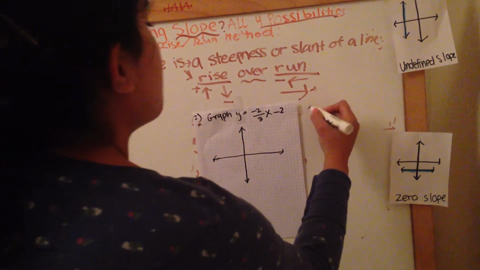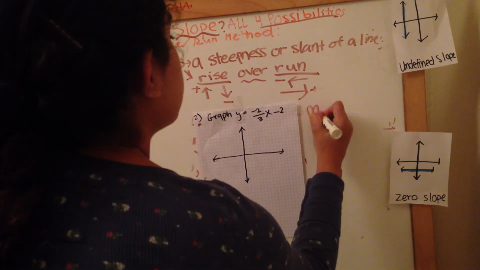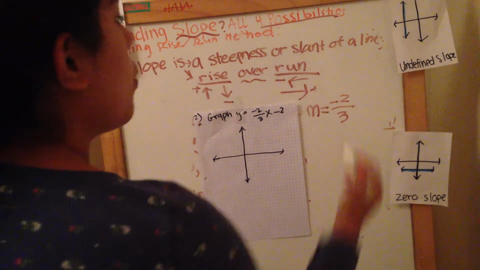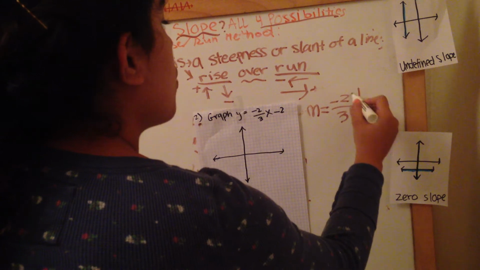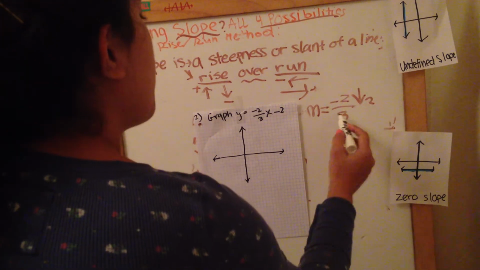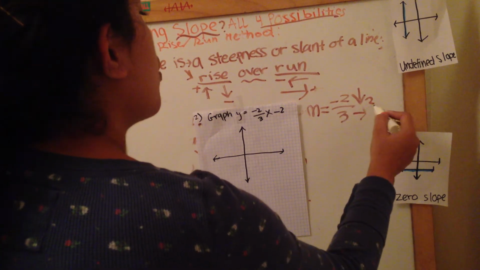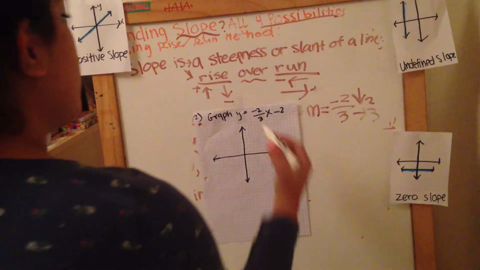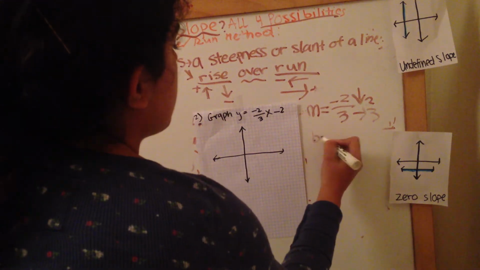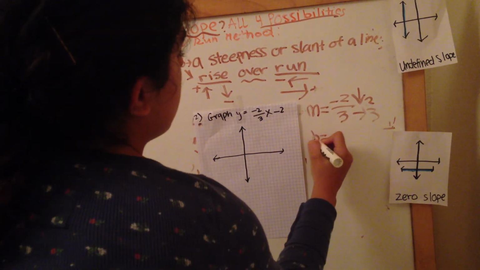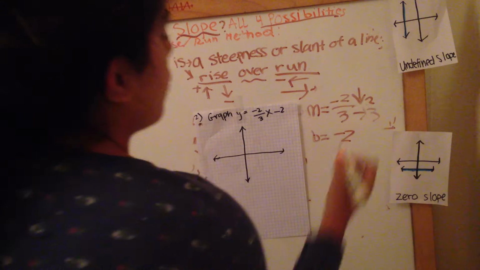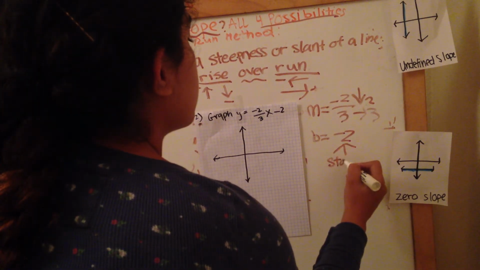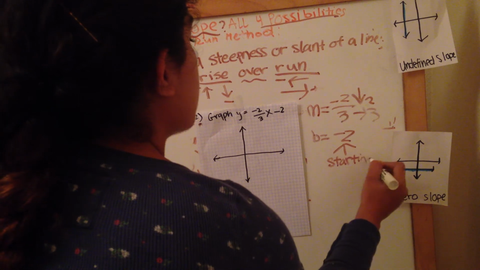They give you the slope. Remember, being negative, you go down 2. Being positive, you go right 3. Rise over run. Y-intercept, negative 2. Your starting point is negative 2.